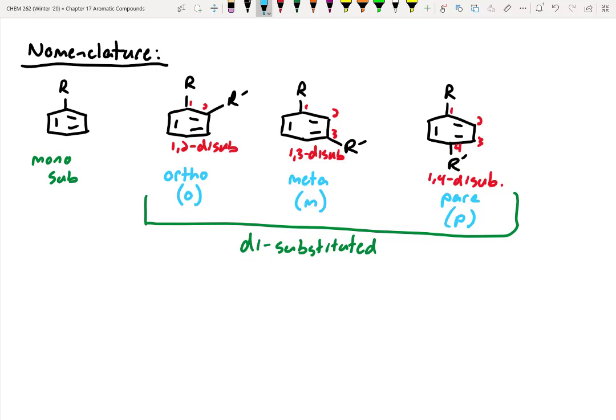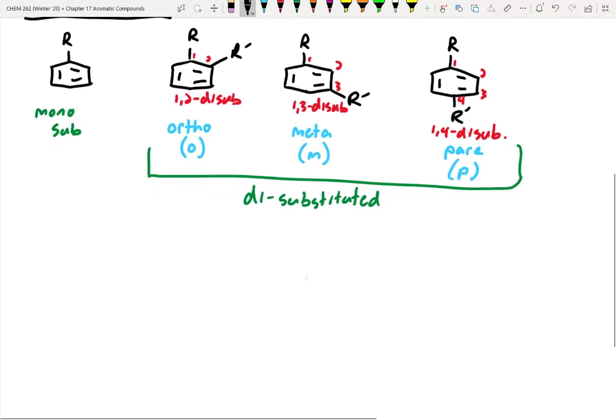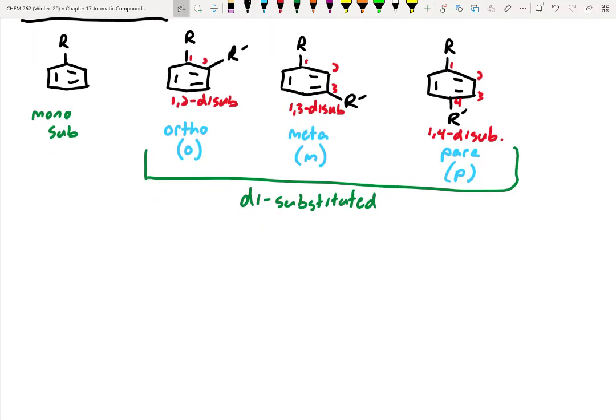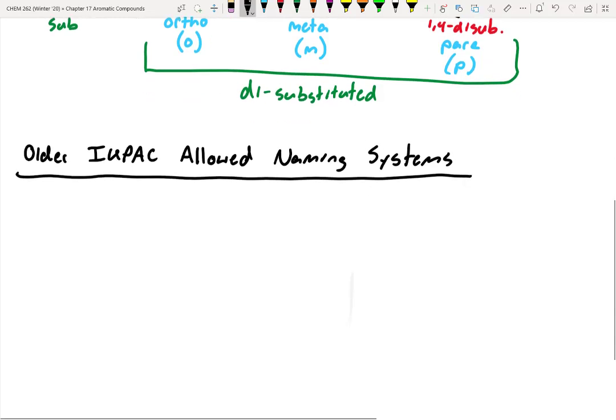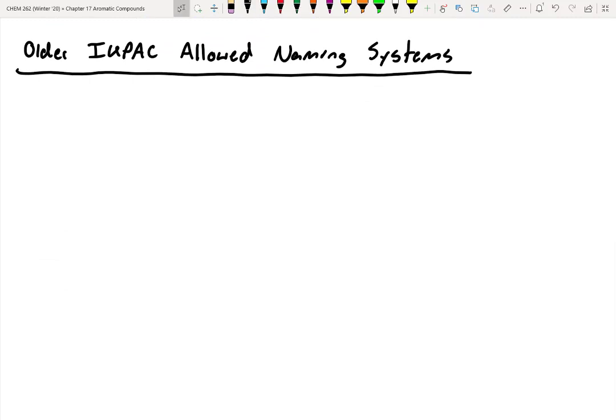All right, so let's take a look at some common IUPAC names. So like I said, IUPAC is the International Union of Pure and Applied Chemistry. They basically got chemists from all around the world together and said, this is getting crazy.